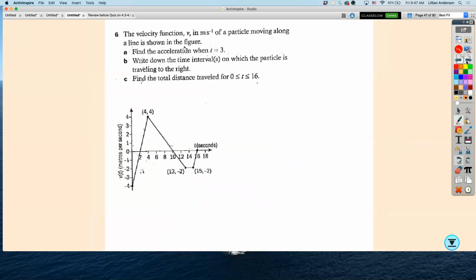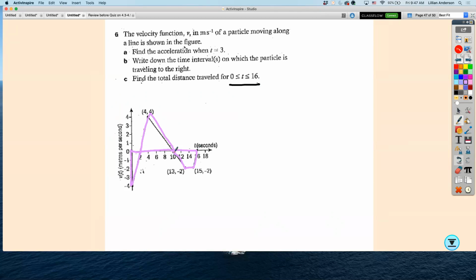Remember to find total distance traveled. Of course, it's just the absolute value of velocity, but here's an example where you're not given a function for velocity, you're just given an actual graph. So to find the total distance traveled from 0 to 16, we would actually have to find what? Those three shades. I have to find the area of this, the area of this, and the area of this.